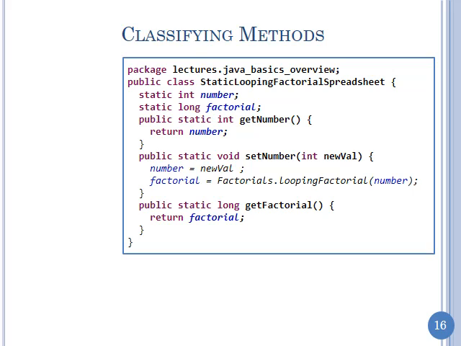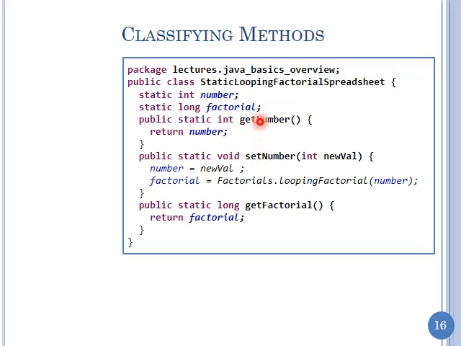Motivated by property, let's classify the various methods here. This is a method, this is a method, and this is a method. Now, can I distinguish get number and get factorial somehow from set number? They're all three methods, but can I say that these two are somehow different from this one?